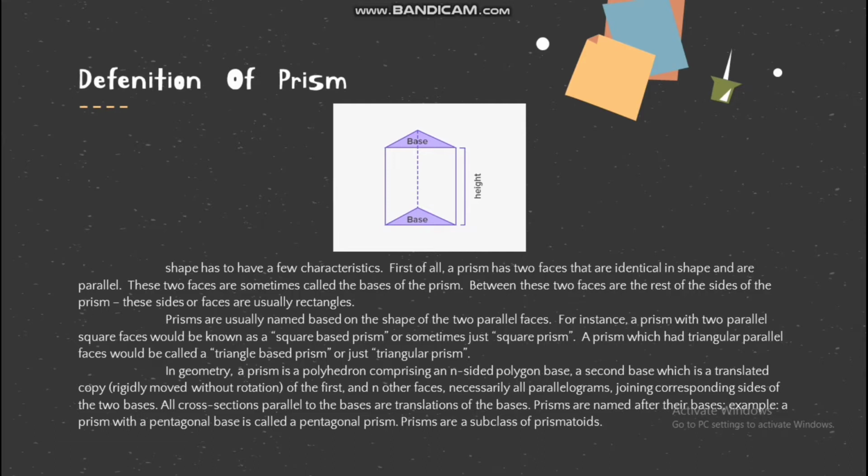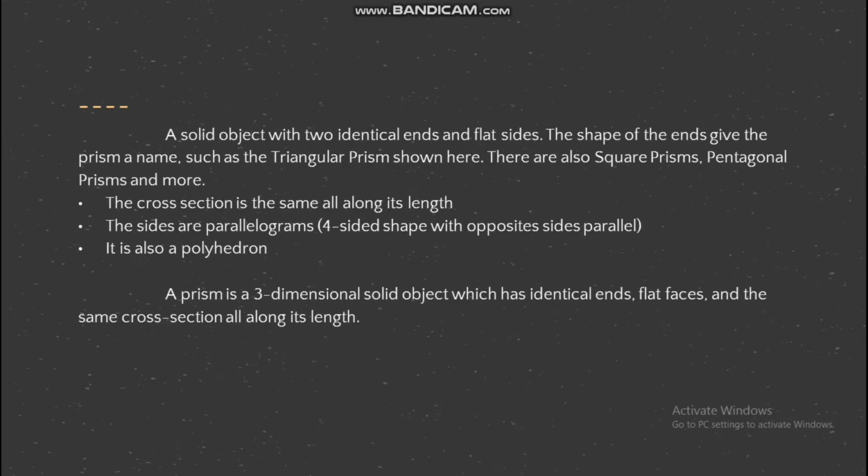A solid object with two identical ends and flat sides. The shape of the ends gives the prism a name, such as the triangular prism. There are also square prisms, pentagonal prisms, and more. The cross-section is the same all along its length.